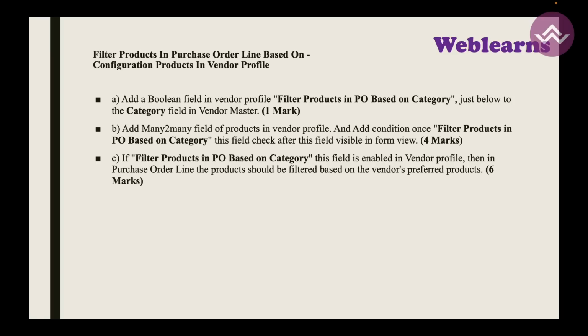This field check, after this field visible in the form. Okay. If this category field is enabled in vendor profile, then in the purchase order line, the products should be filtered based on the vendor's preferred products. Right. So let's create one by one.